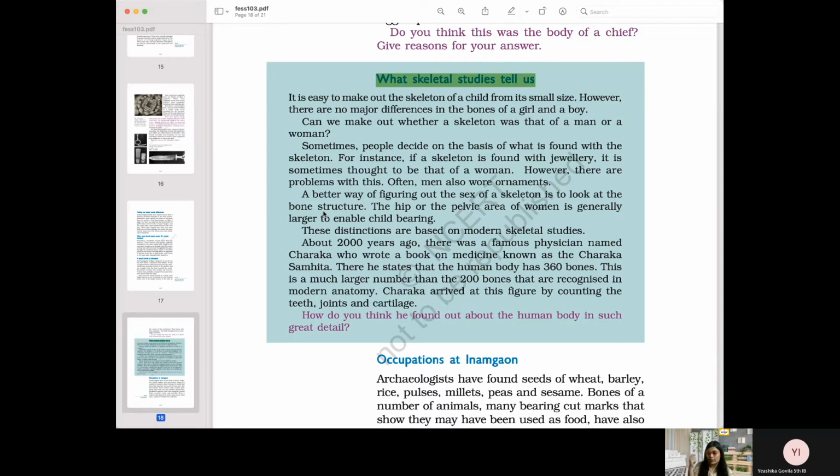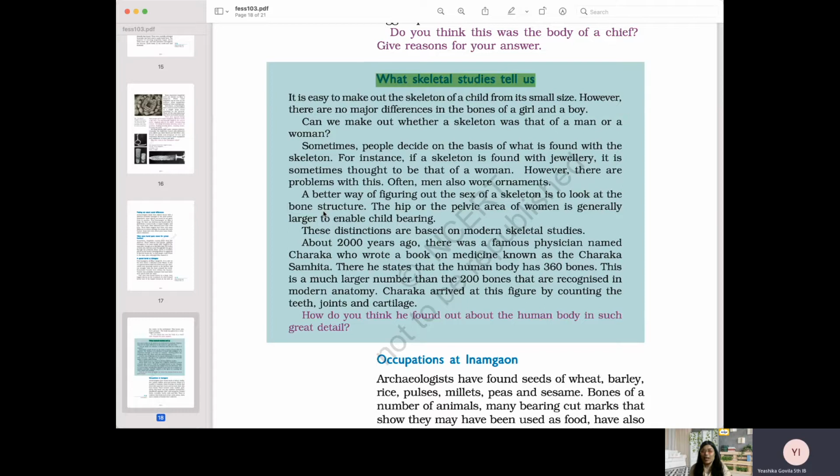Would there be any difference in the bones? Yeah, like triceps, biceps, obviously. Almost there. But triceps and biceps are muscles. Okay. But ma'am, bones will be the same only, I think. Exactly. So bones will be the same, no? Then how will we guess whether it is a boy or a girl?